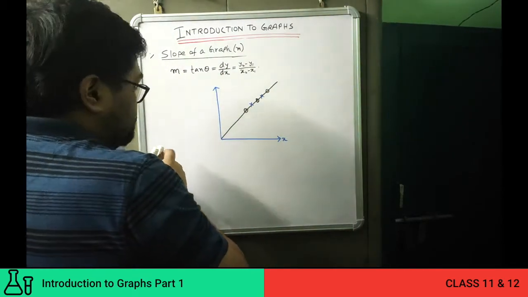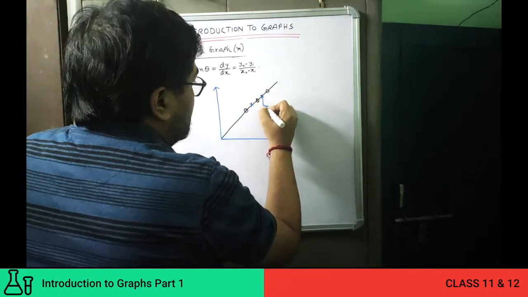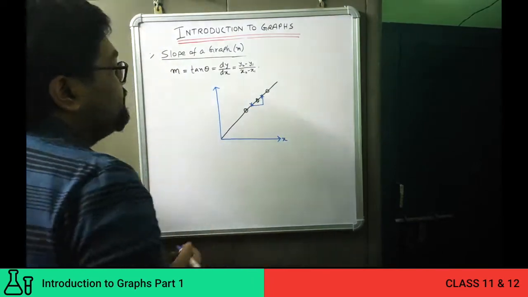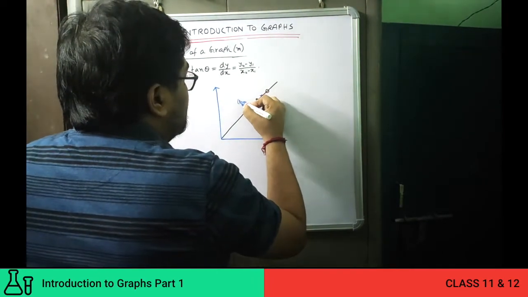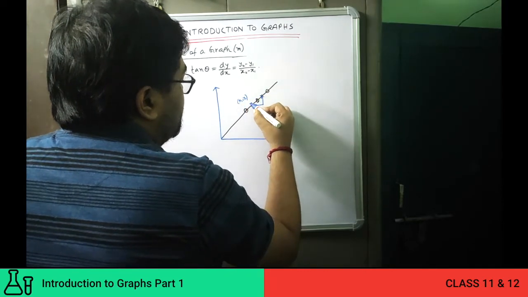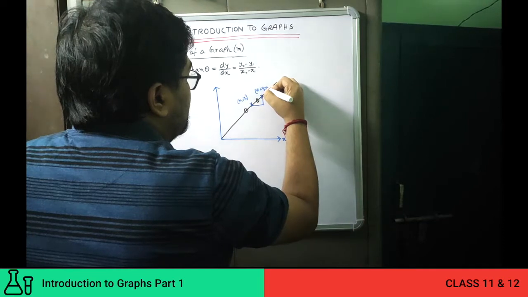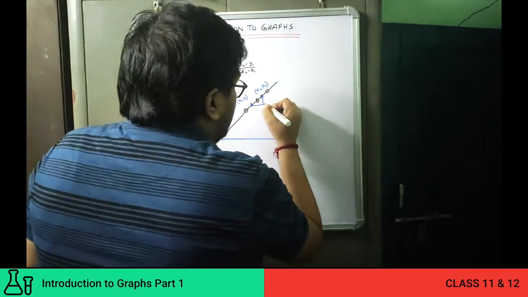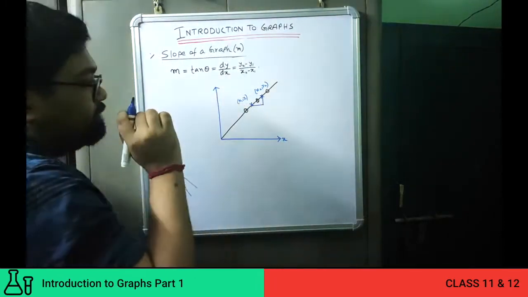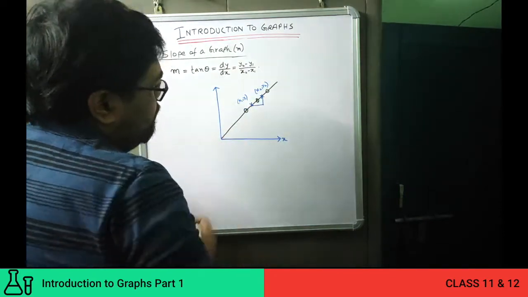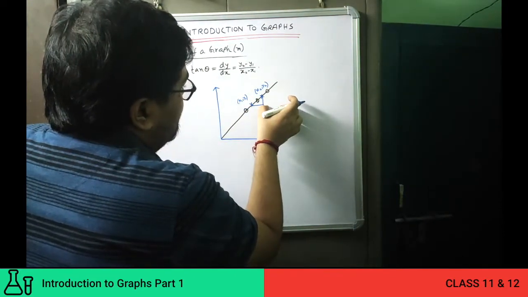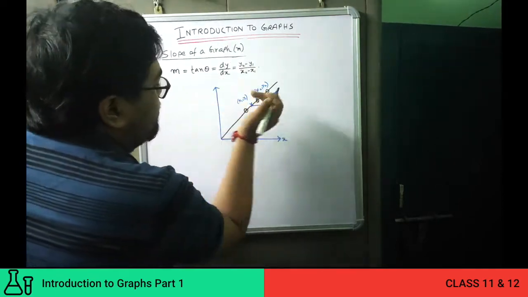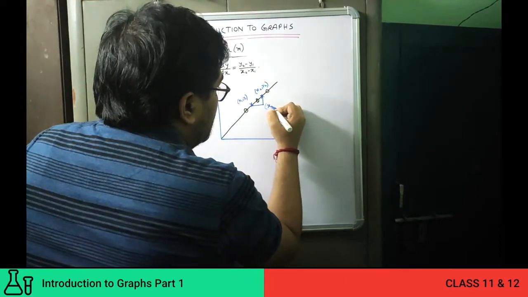Now we will consider a right angle triangle here, and we are considering the coordinates as x1, y1 for this point, and for this point the coordinates will be x2, y2. So what will be the value of this coordinate? For the x part, it is not going in this direction or that direction, so it will remain as x2.